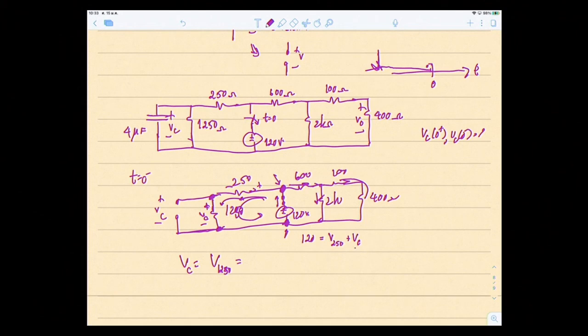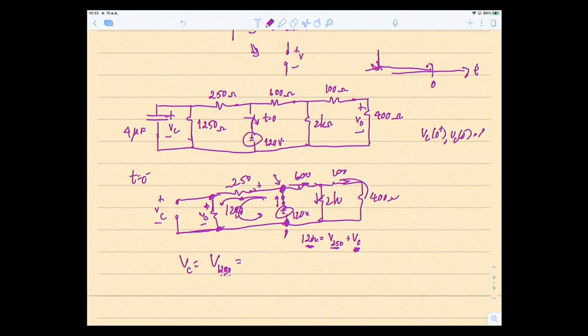That means that VC is actually divided out from 120. The 120 volt has been divided into two portions, giving itself to 250 ohms and to 1250 ohms. So you can use the voltage divider to find the voltage drop across 1250 ohms.